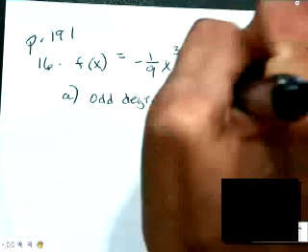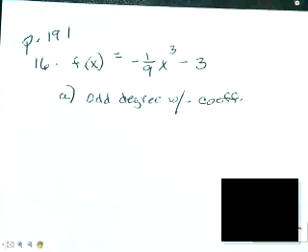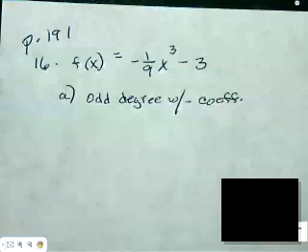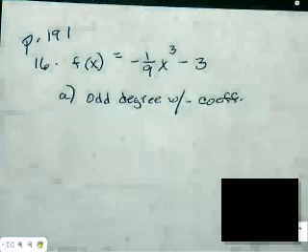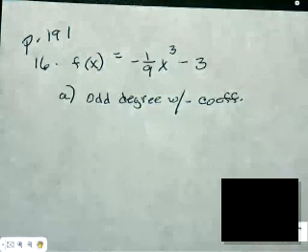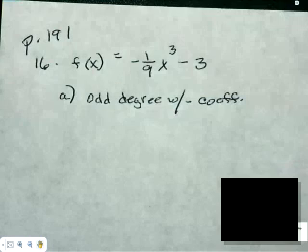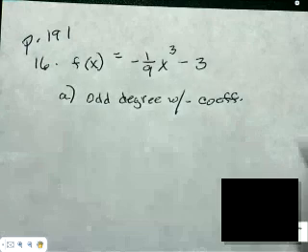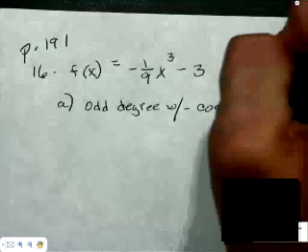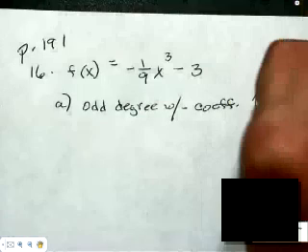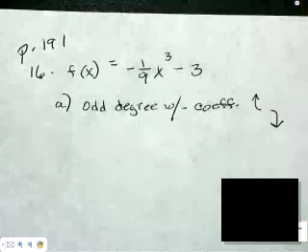Negative coefficient. Does that basically look like graph A, B, C, or D from the notes? Looks like negative x cubed. It's going downhill from left to right. So when I say give me the end behavior, that's all I mean.